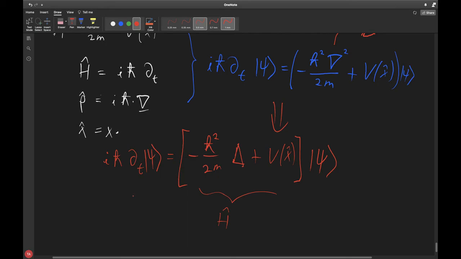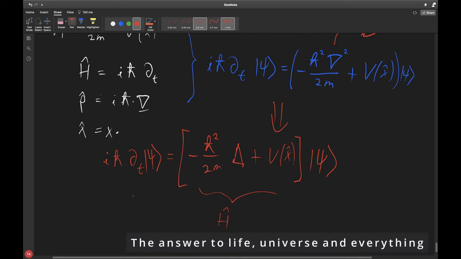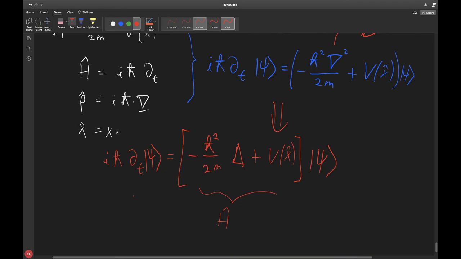Although we know that the answer to all the questions in the universe is 42, but as of now, let's just say that when we have a state and it's changing, then this equation will tell you how it will look in the future.